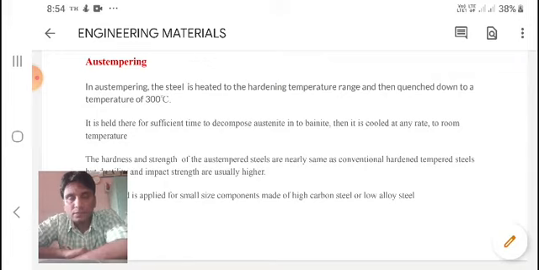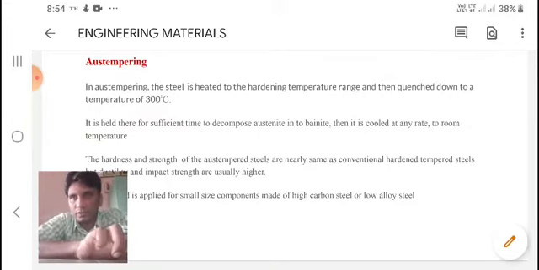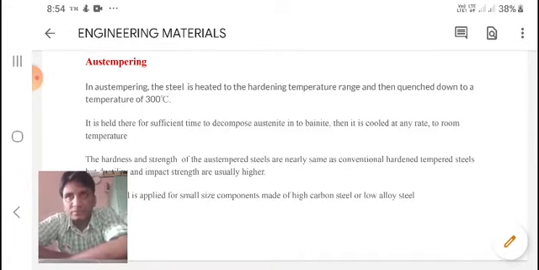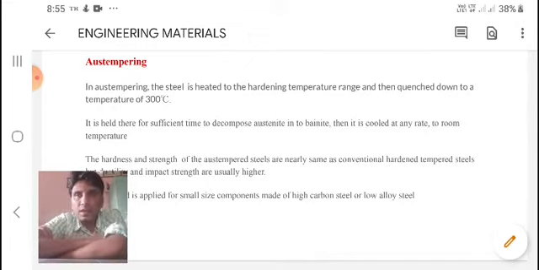Low temperature tempering is in the range of 150 to 250 degrees centigrade. Medium temperature tempering is 350 to 450 degrees centigrade. And high temperature tempering is 500 to 650 degrees centigrade.